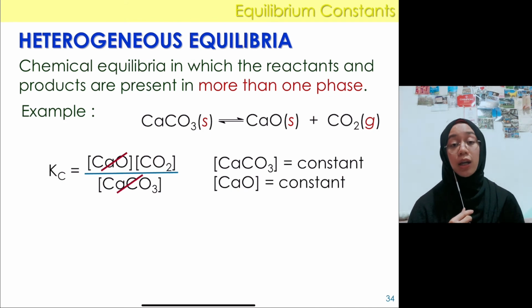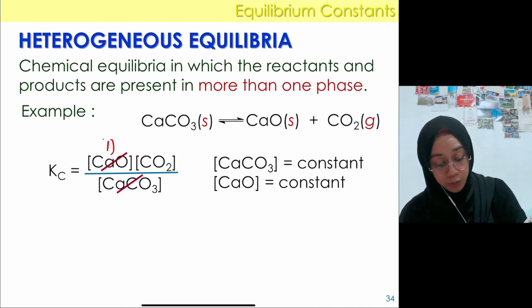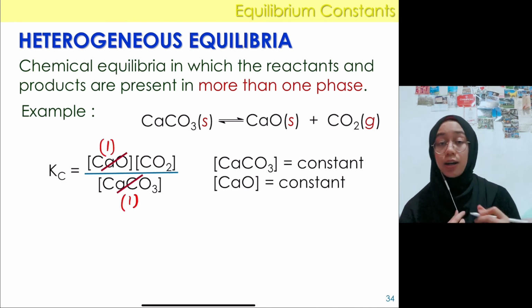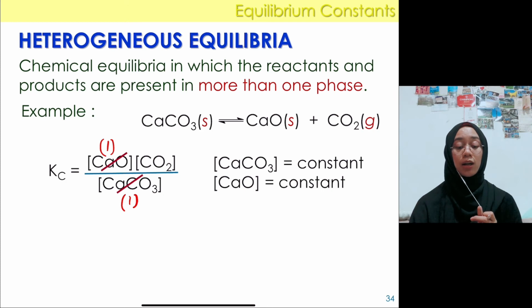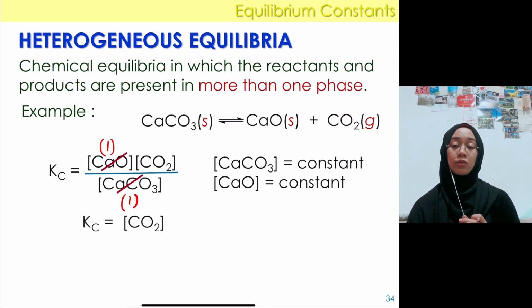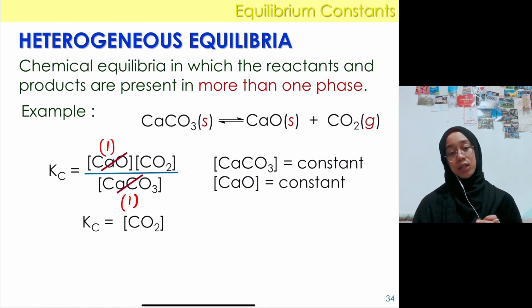Sebenarnya itu pun adalah 1 juga sebenarnya. Okay, ini adalah 1, ini adalah 1 sebenarnya. So what happen now? Apa jadi dengan KC kita? So kalau 1 darab dengan concentration of CO2 bahagi dengan 1, bermaksud KC expression kalau untuk heterogeneous equilibria dekat sini would be KC equals to [CO2] sahaja.